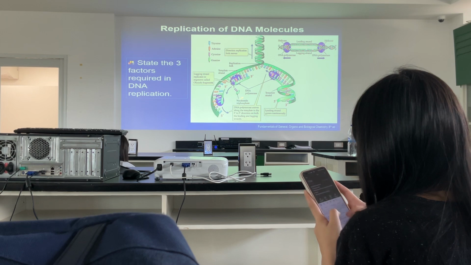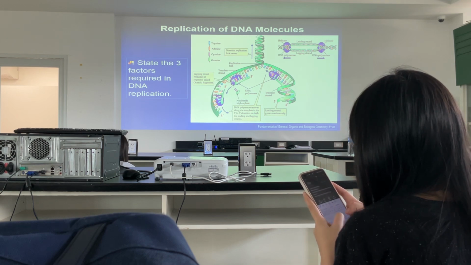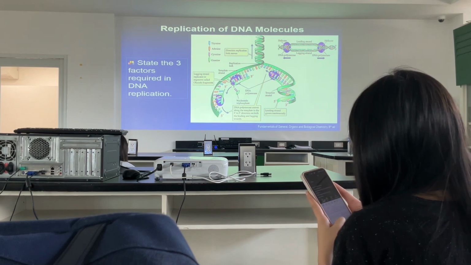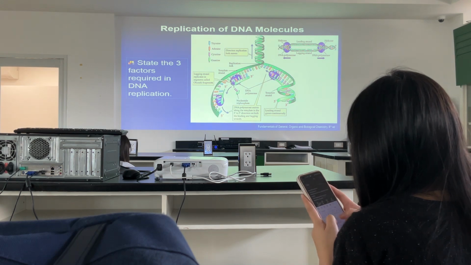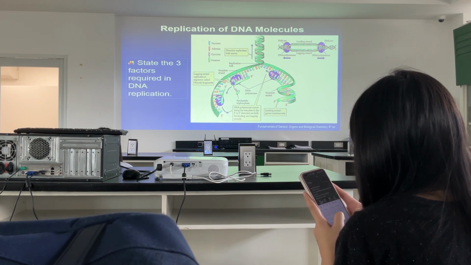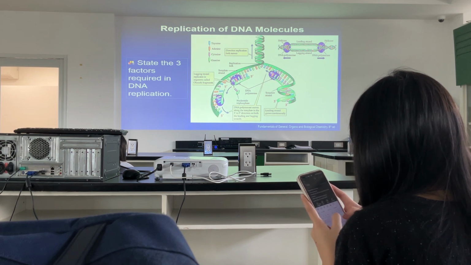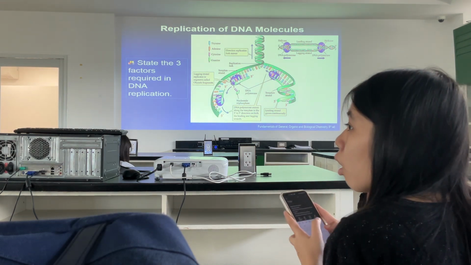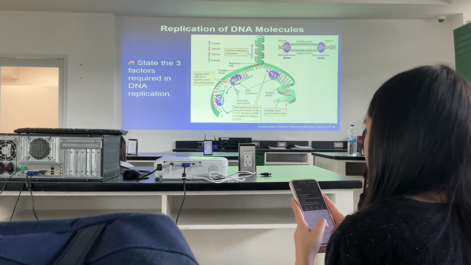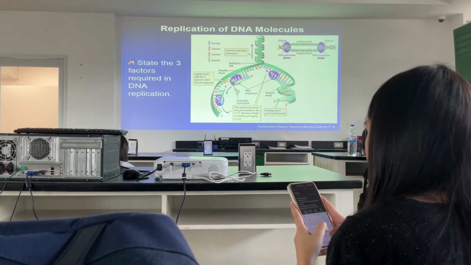To prevent supercoiling of each strand that has unwound, the catalytic activity of topoisomerase is to prevent their coiling. Topoisomerases will prevent coiling of the two strands that have separated.